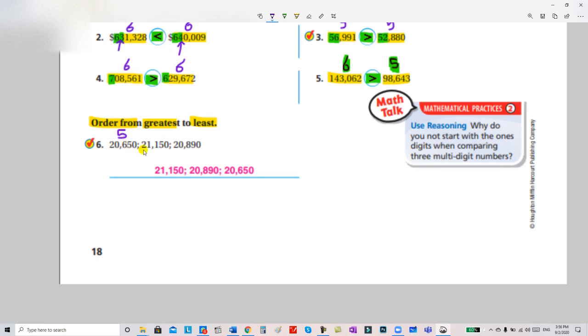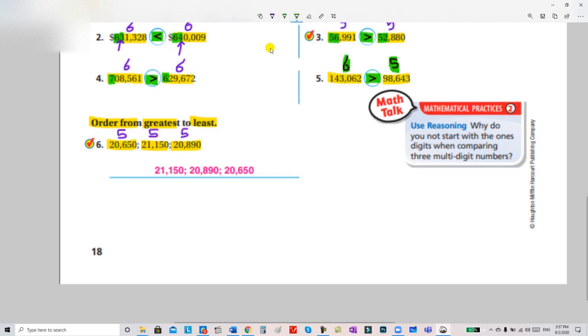In this number, 1, 2, 3, 4, 5 also. The next one, 1, 2, 3, 4, 5 digits. So all the numbers have 5 digits.